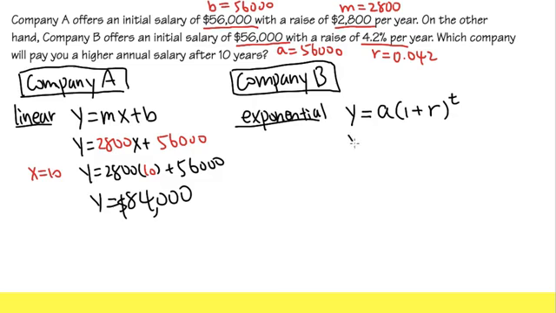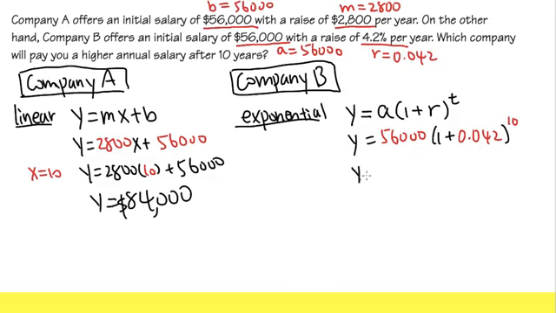So here we go. Y equals a, which is 56,000, multiplied by 1 plus r, which is 1 plus 0.042, and then raised to the t power, which is 10. You just have to use your calculator and work everything out.